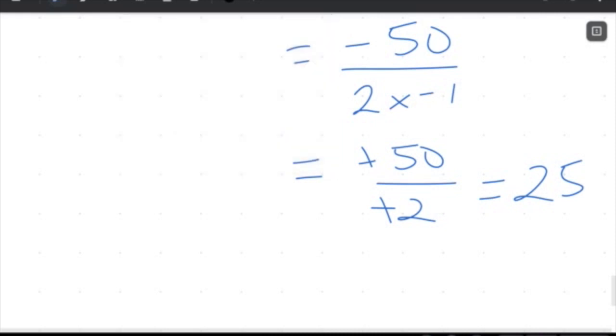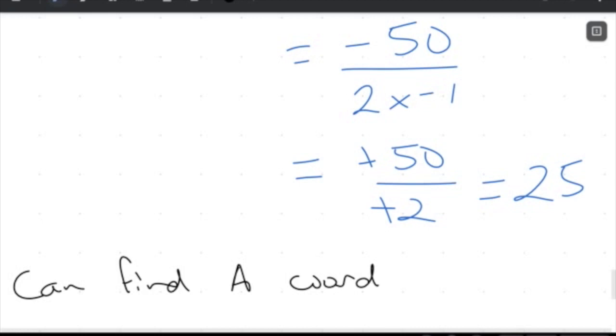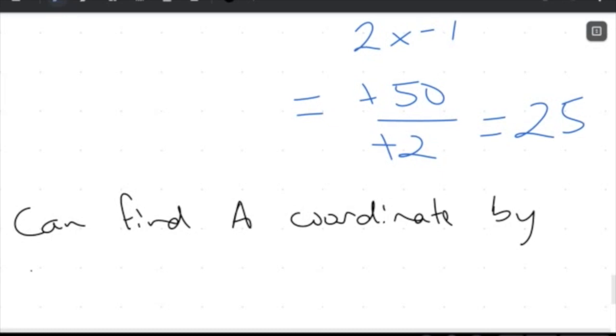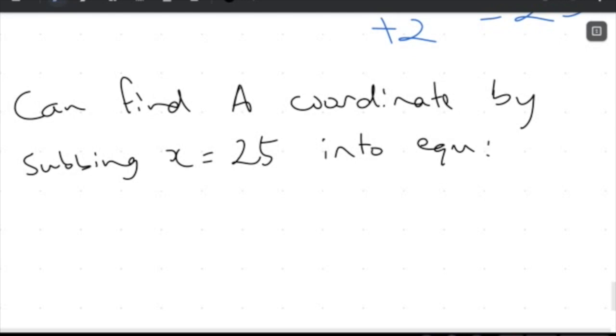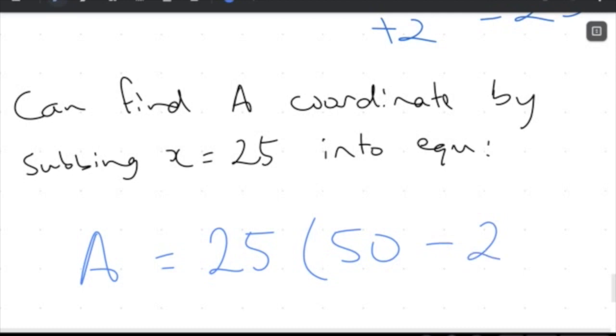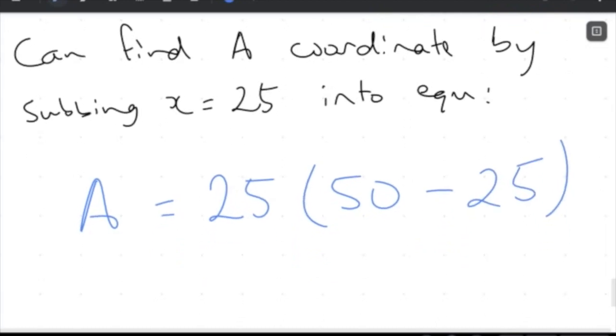And I can find my y-coordinate, or my A-coordinate in this case, by just substituting x equals 25 into the equation. So my area A is going to be 25 outside of 50 minus 25, or in other words, 25 multiplied by 25.